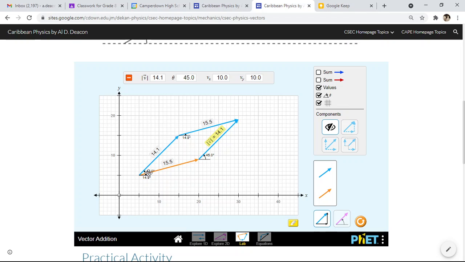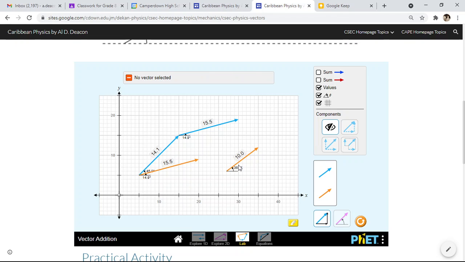So let me use orange. I draw the orange parallel line to this blue line, the 15.5 vector there.